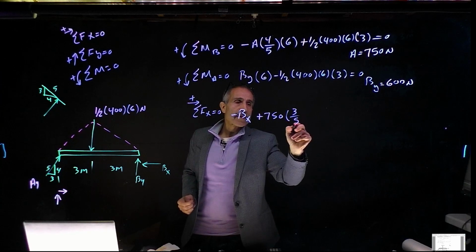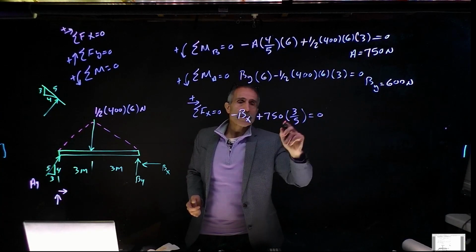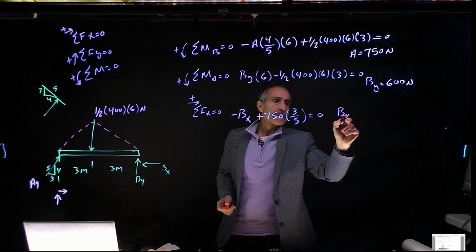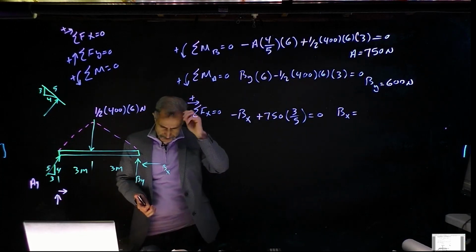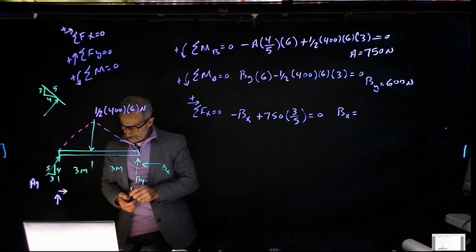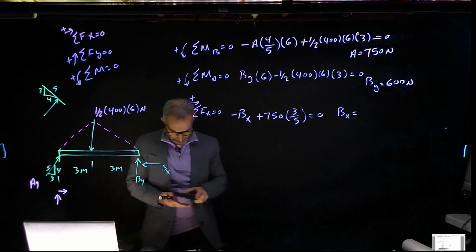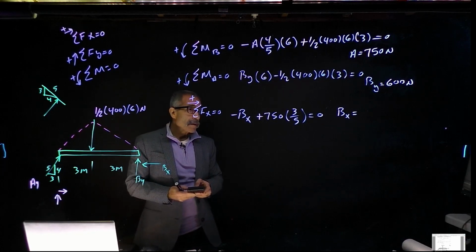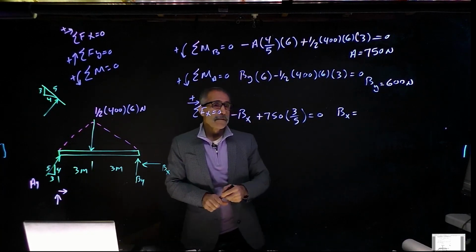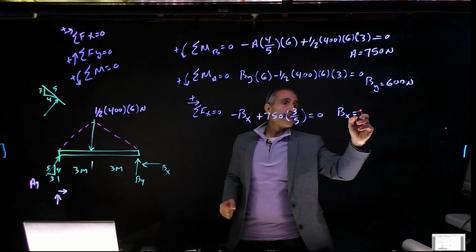Instead of sine and cosine, we do it this way. That equals 0, and therefore my B x comes out to 450 Newtons.